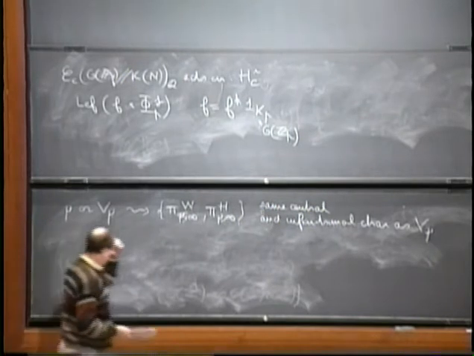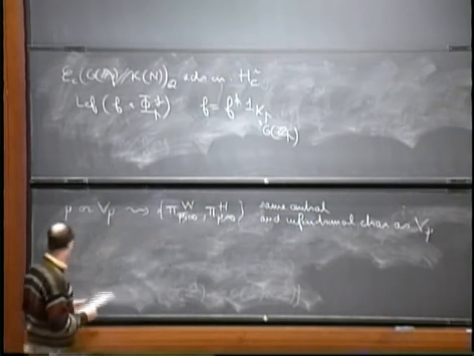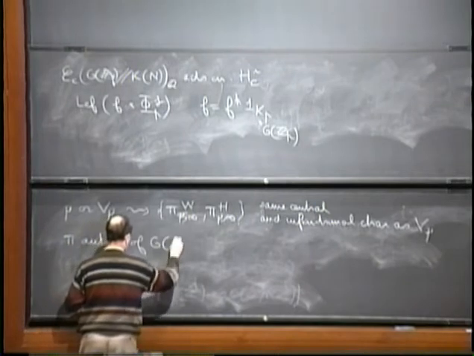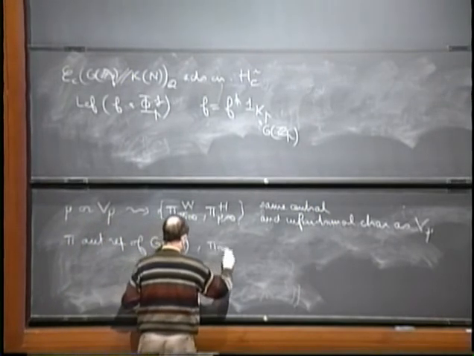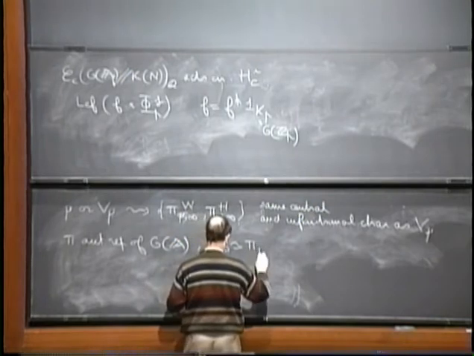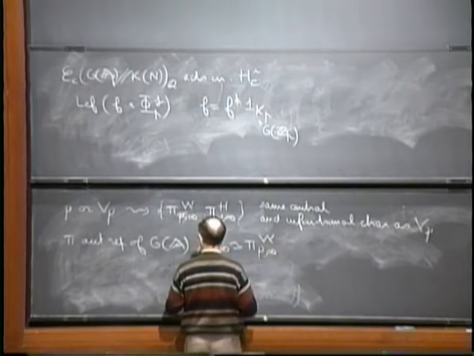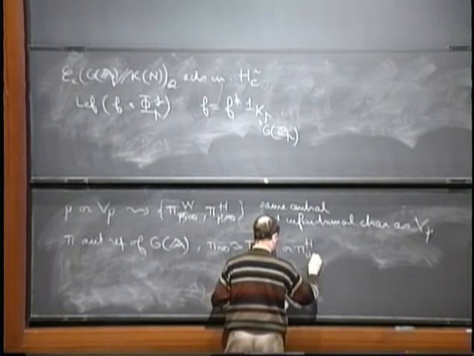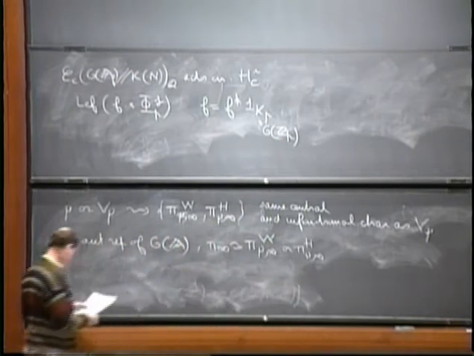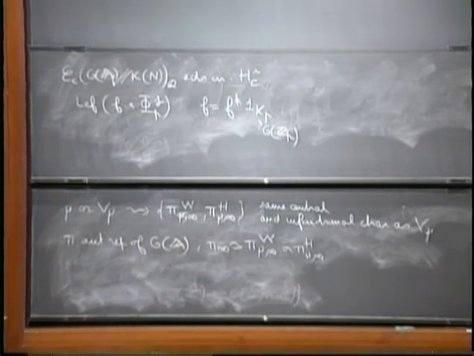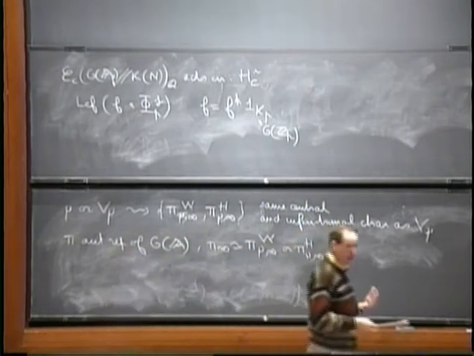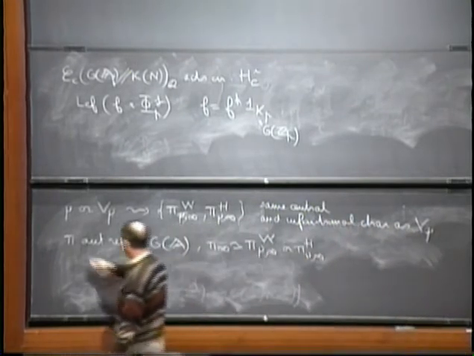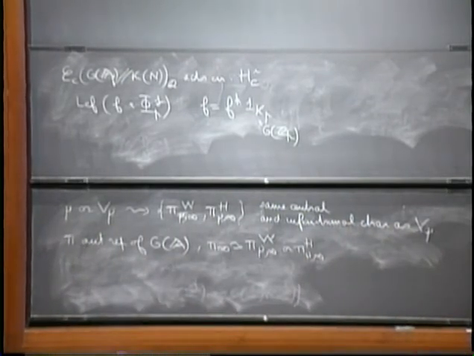And we will consider automorphic representations pi of G(A), such that pi infinity is isomorphic either to pi W or pi H. And those representations are automatically cuspidal. Okay? So now that's for the infinite place for the group G.